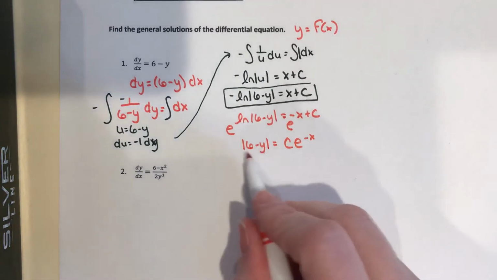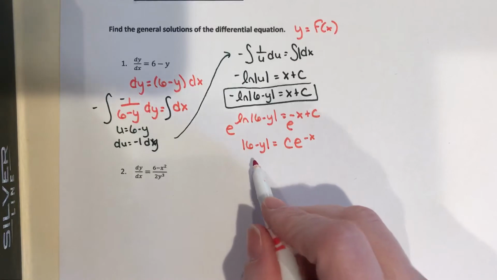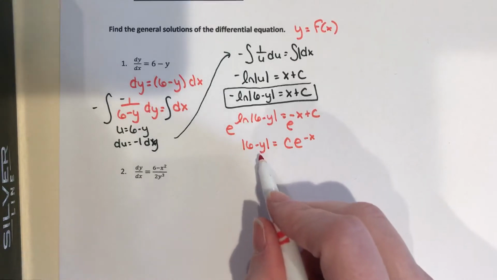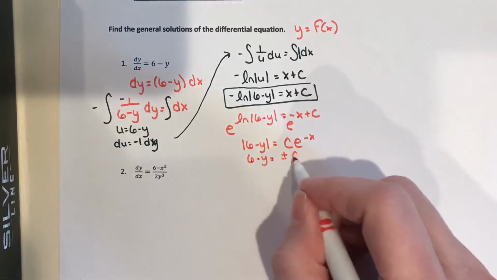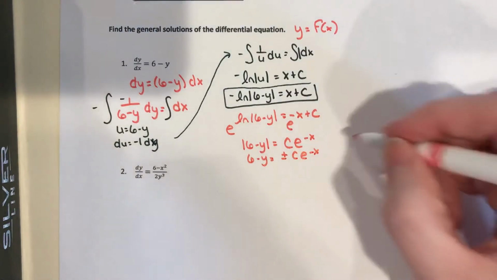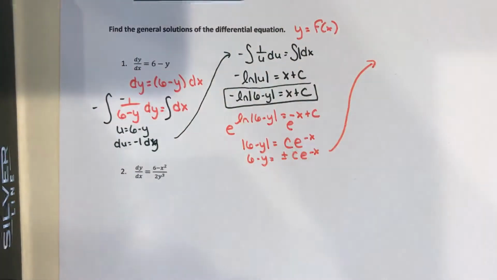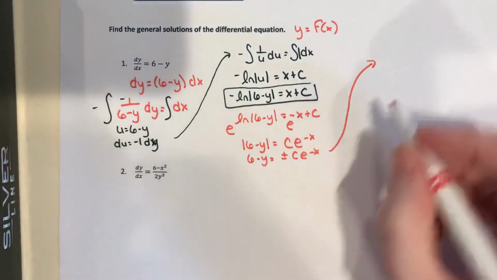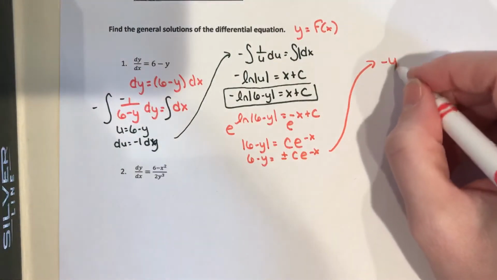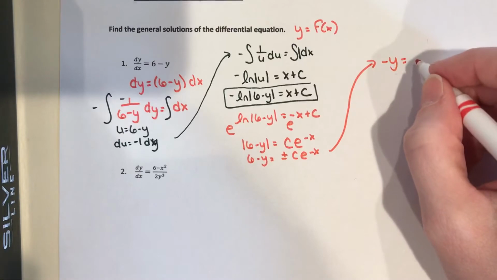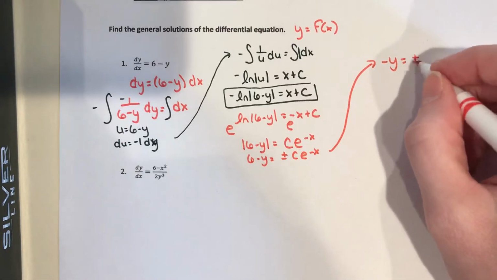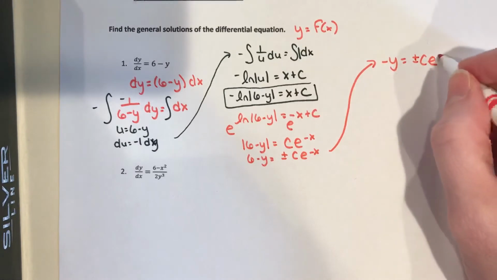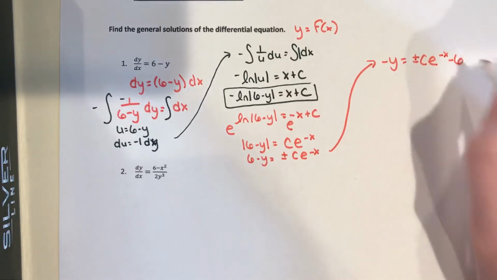Now, next step, this absolute value could be any plus or minus value. So 6 minus y equals plus or minus ce to the negative x. I'm going to subtract the 6. So negative y equals plus or minus ce to the negative x minus 6.